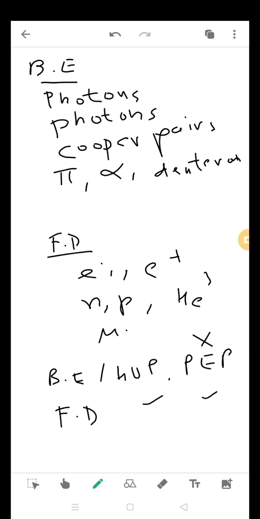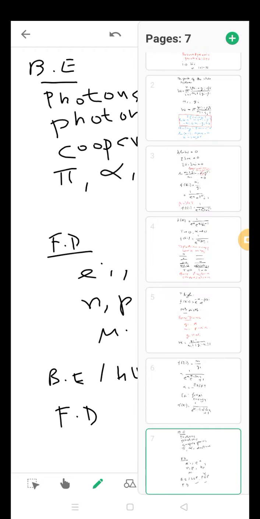So what it actually means by following or not following these two principles, let us try to understand. So if we have, say, three states, and we have three particles. Let's name the states as 1, 2, and 3.